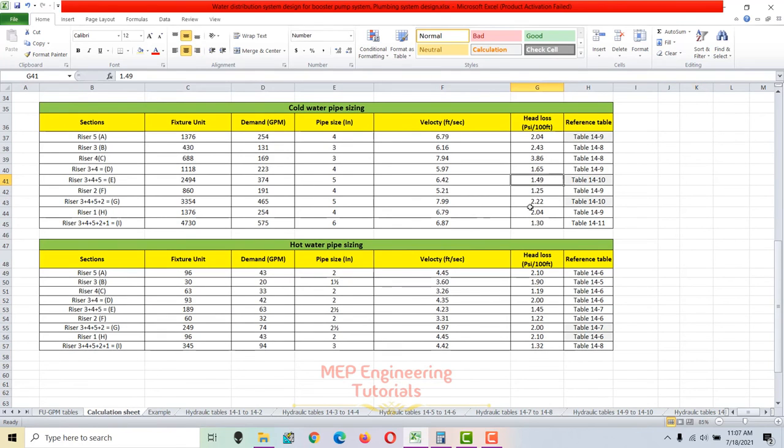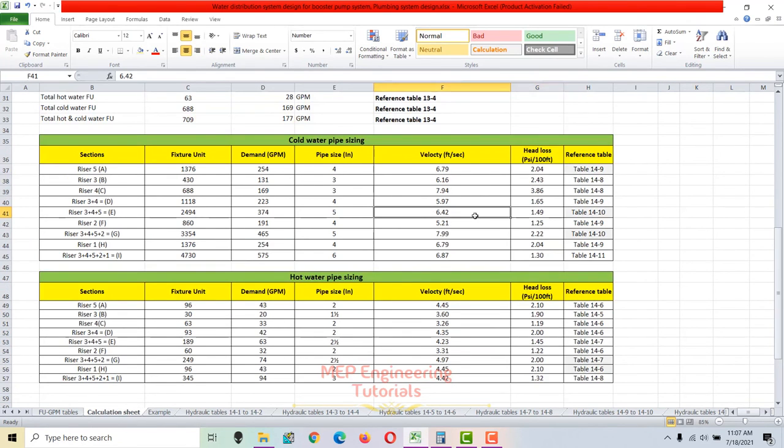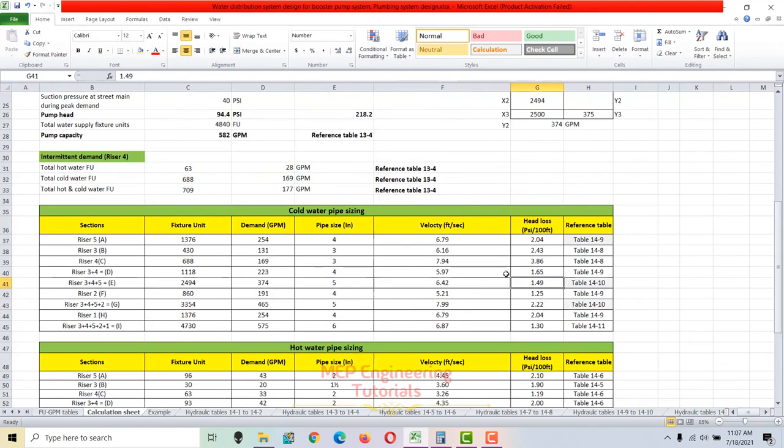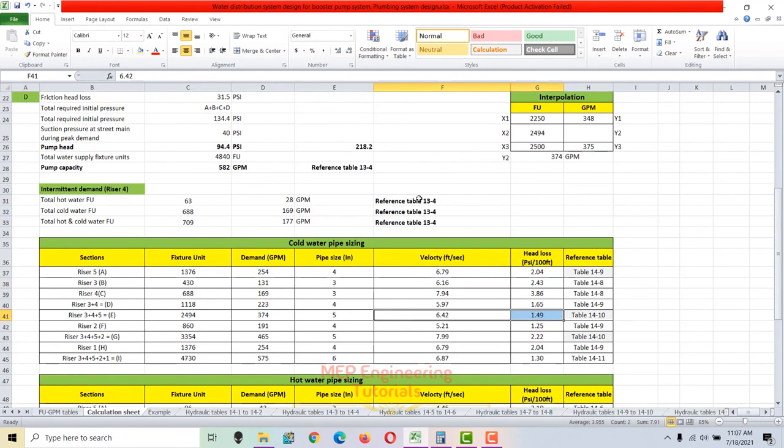If you notice, the velocity 6.42 is less than 8 feet per second, and the head loss is 1.49 psi per 100 foot. Both values are less than our recommended values which we set in the beginning. So the 5-inch pipe size selected for 374 GPM is correct here.